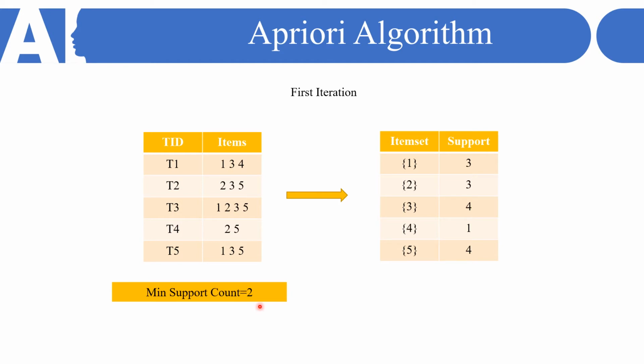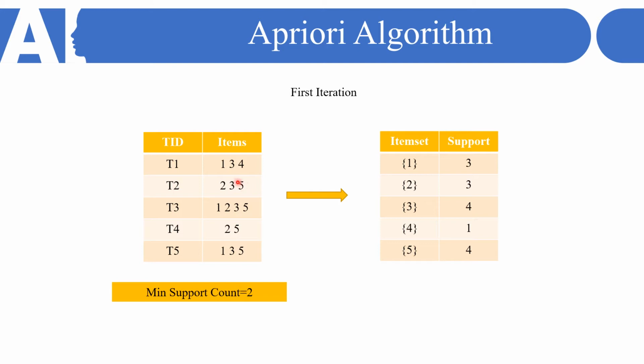If the support count is less than 2, then we are going to discard it. So how do we find the item sets? In this particular column, there are 5 items, so we consider those, and the item set is of 1 only. So we list it here: 1, then 2, then 3, then 4 and then 5.